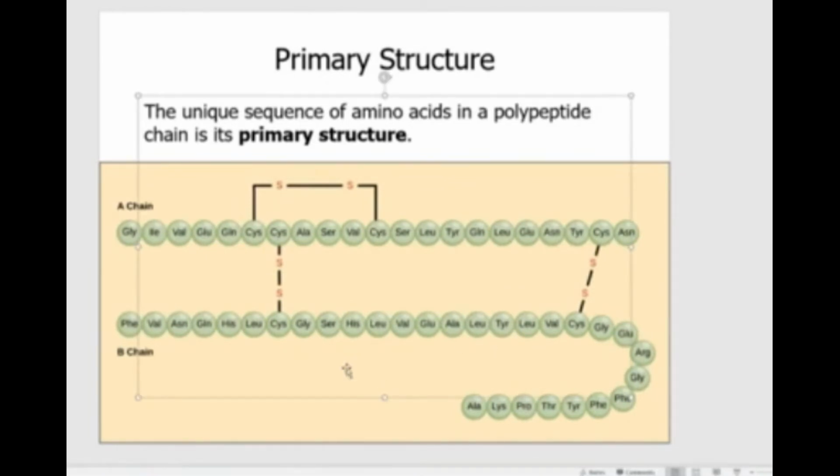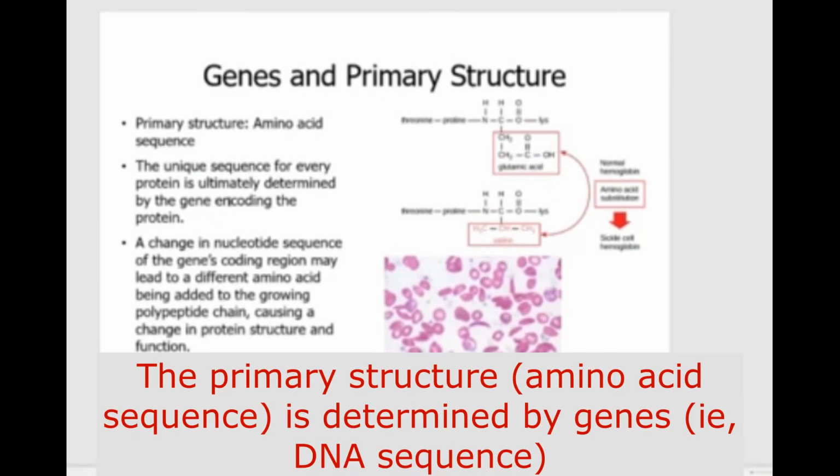Now, just remember, if you have different amino acids, their R groups are going to be different. So those chemical reactions between those R groups are going to determine the higher tier structures. It's ultimately determined by your gene sequence, right? So if you have a mutation or some kind of damage to your DNA, it's going to change the primary structure, or the amino acids, of that particular protein.